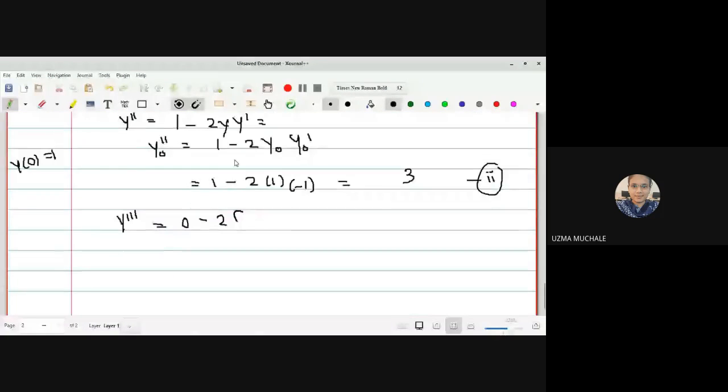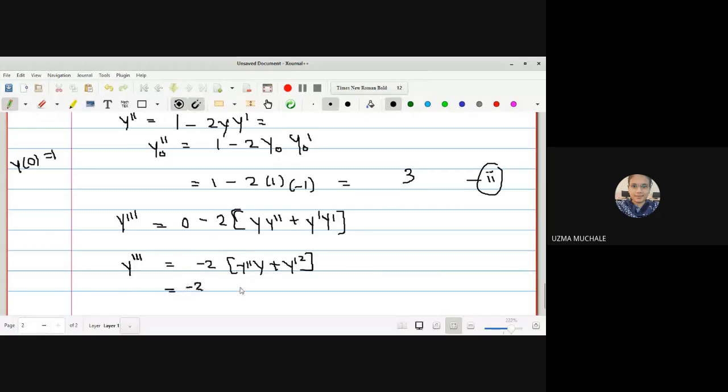This y as it is, derivative of y dash is y double dash, plus y dash as it is, derivative of y will be again y dash. So what will be the term? Minus 2 into y double dash into y plus y dash square. This is what your y triple dash is.